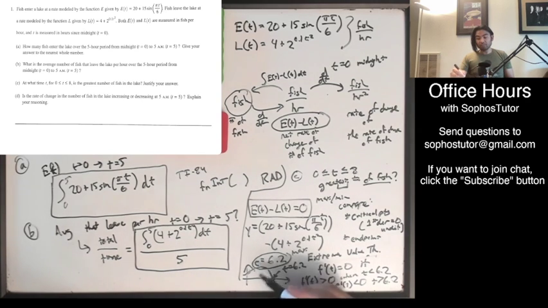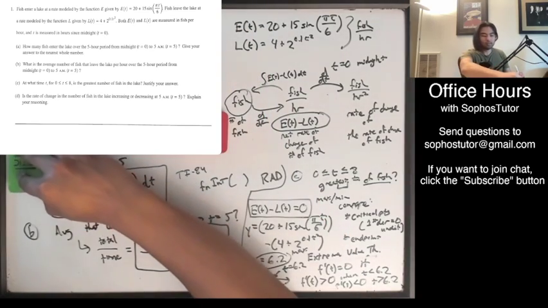And looking at the graph, we see that indeed the derivative is positive before 6.2 and negative after 6.2. So we know at 6.2 we have a maximum. And that's part C.